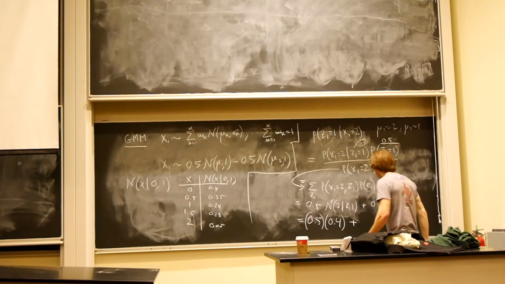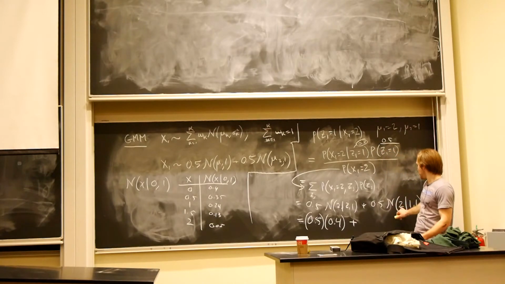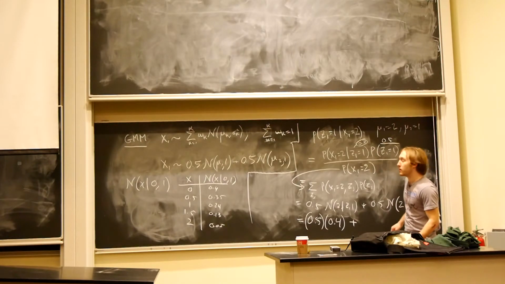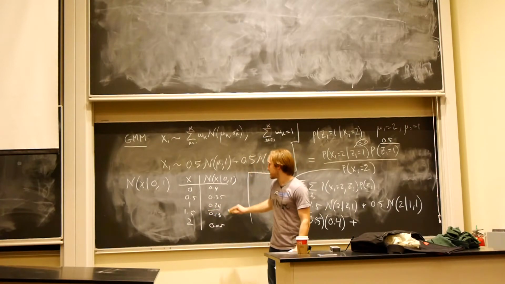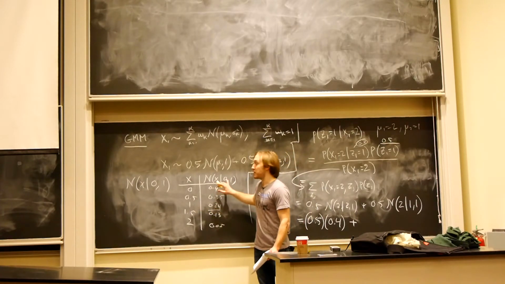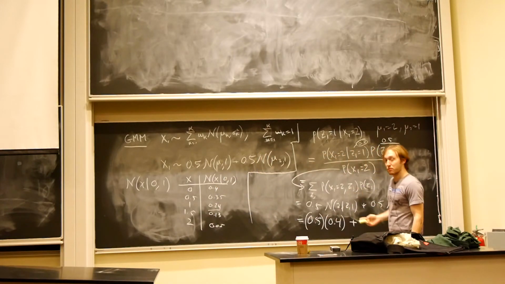Plus, we've got 0.5 times a normal density where we're querying at 2 and the mean parameter is 1. So they're 1 separated. If we look at this table, that would be this value here, because this is the value where we're querying at 1 given a mean of 0, which is equivalent to querying at 2 with a mean of 1.